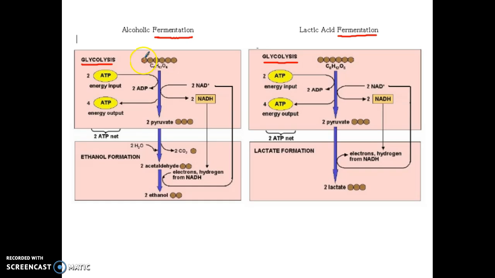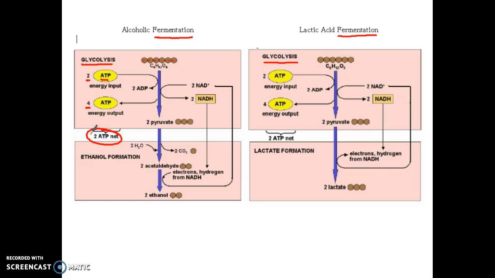We have 6 carbons for our C6H12O6, so it starts with glucose. And notice that it's been consolidated to show that we need 2 ATP going into this process, and what will come out is 2 ADP. And then as a byproduct in the whole transition from glucose down to the 2 pyruvic acids or 2 pyruvates, you're going to get 4 ATP produced for a net gain of 2.